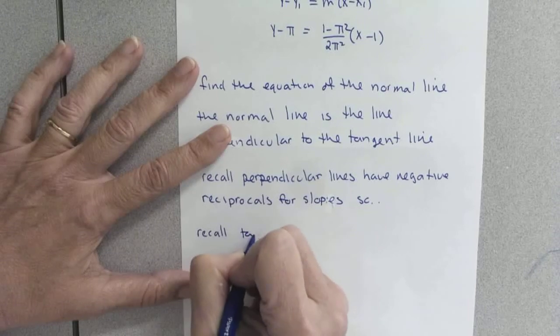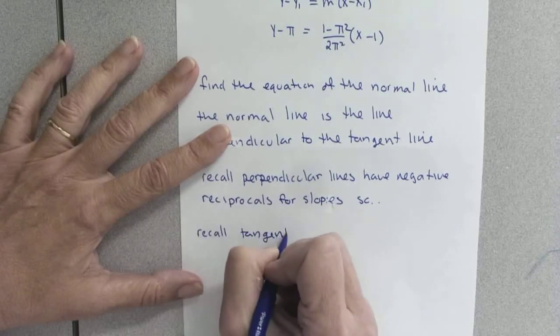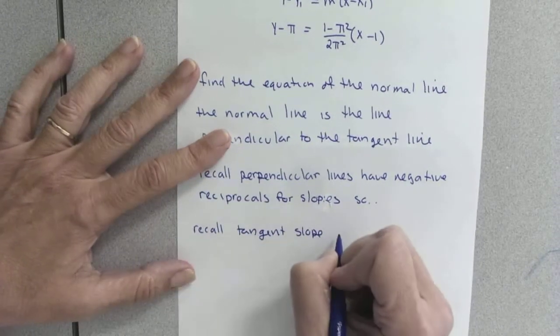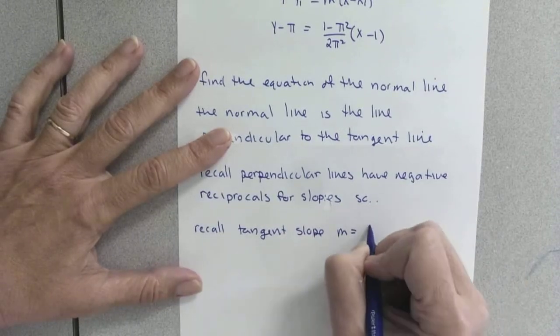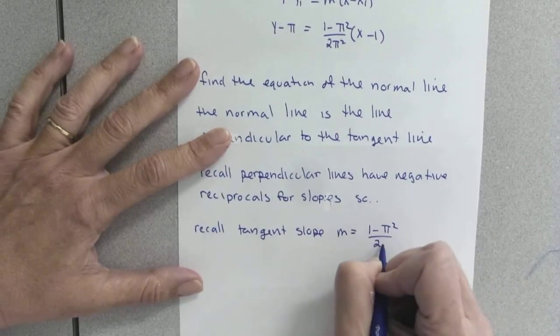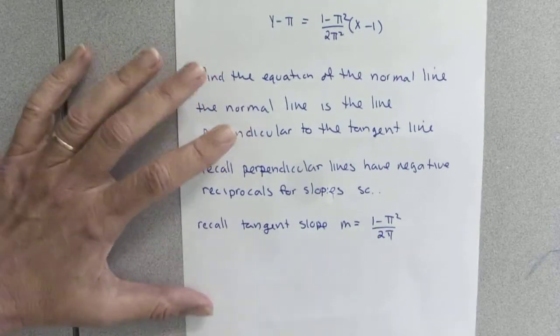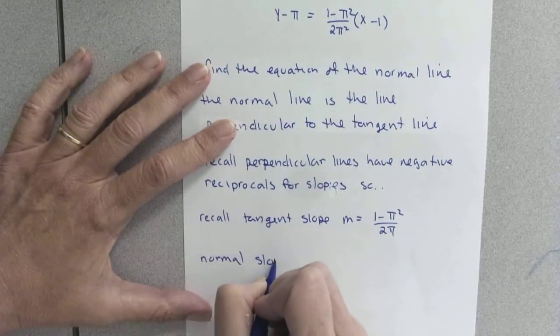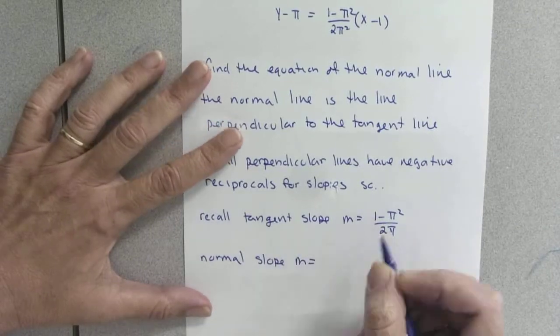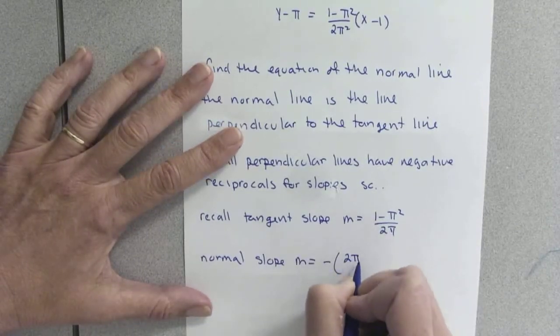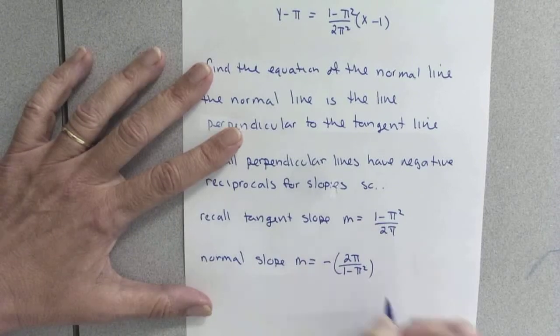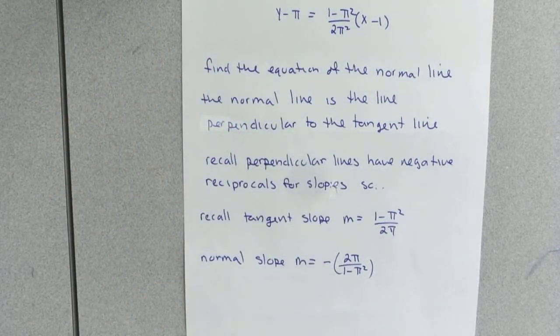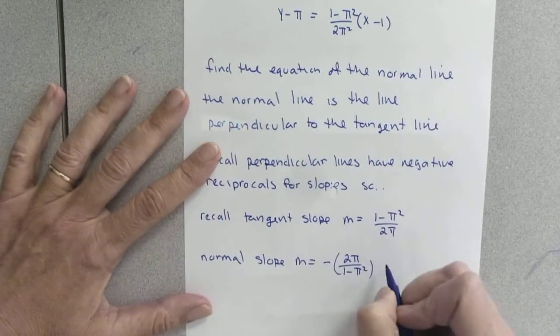So, recall the tangent slope was m equals 1 minus pi squared over 2 pi. So the normal slope is going to be m equals negative 2 pi over 1 minus pi squared. And you can simplify that any way you want.